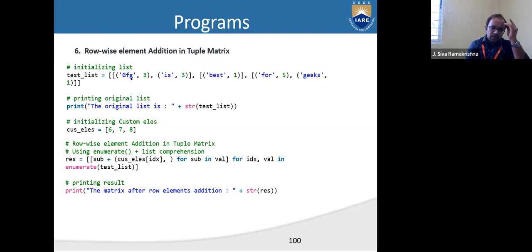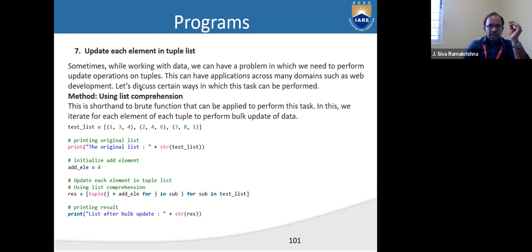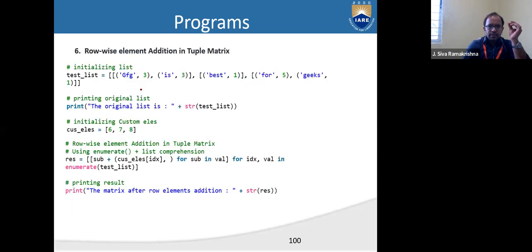So I am creating another list with some numbers. These numbers are going to be added with the existing list. This is an operation related to matrix. We'll see this later, or we can try this also, no problem.